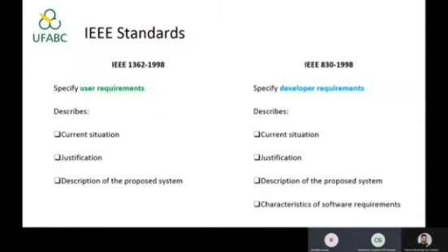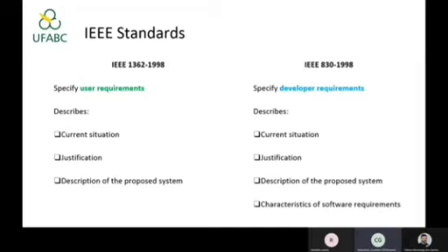So, the Volere template can be used to specify user and developer requirements. Some sections of the model describe very detailed information about the system, while others are high level. This information can be used by developers and users.